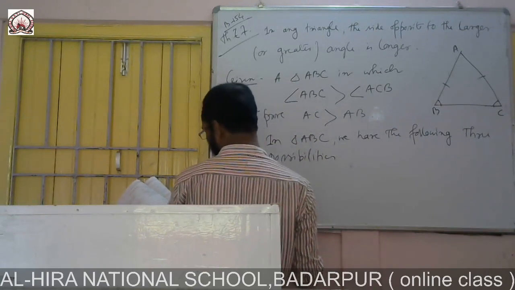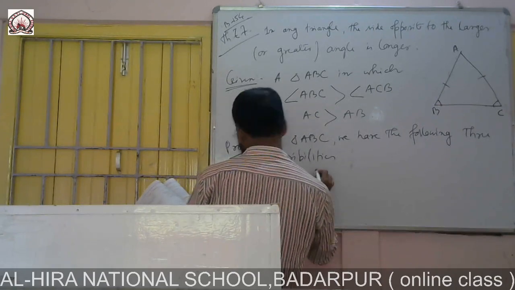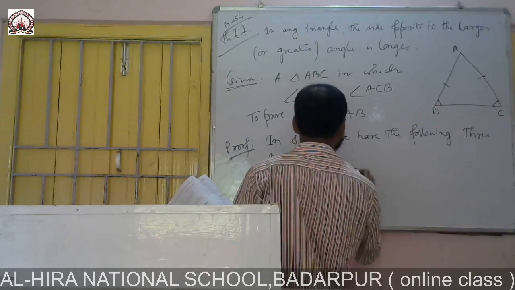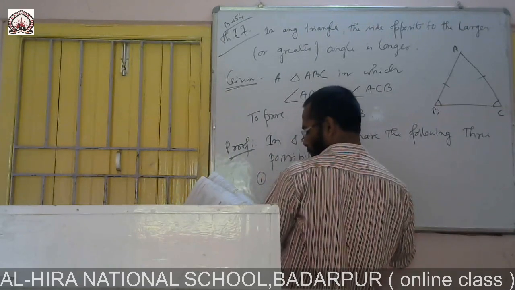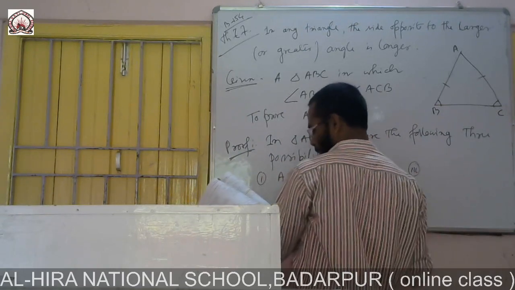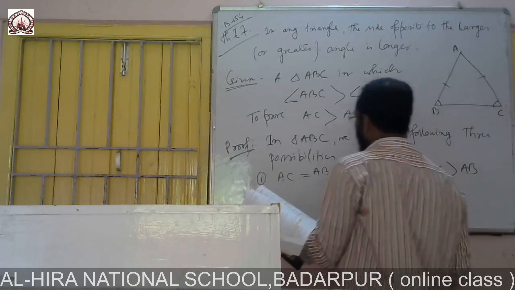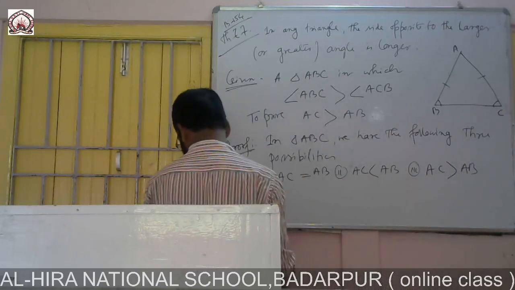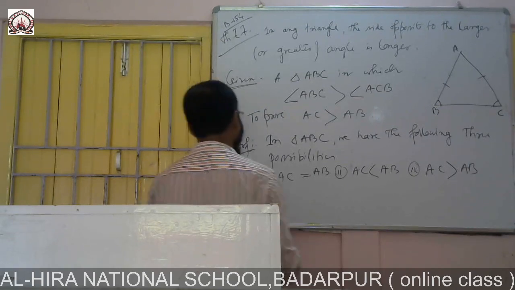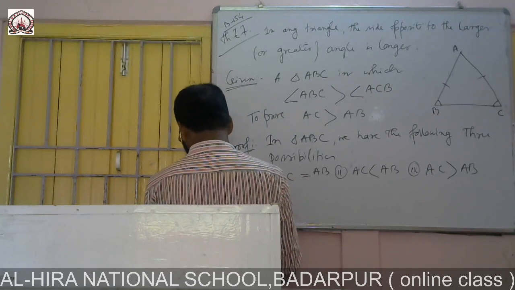Three possibilities are number one, AC is equal to AB, and number two, AC less than AB, and number three is AC greater than AB. In any triangle we are getting three possibilities. Out of three possibilities, one must be true.